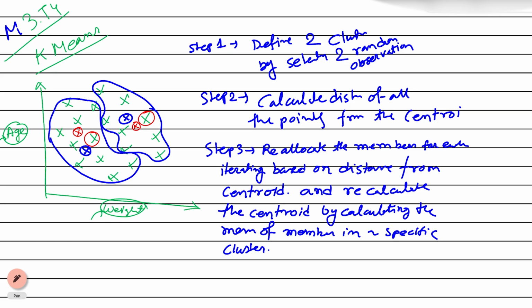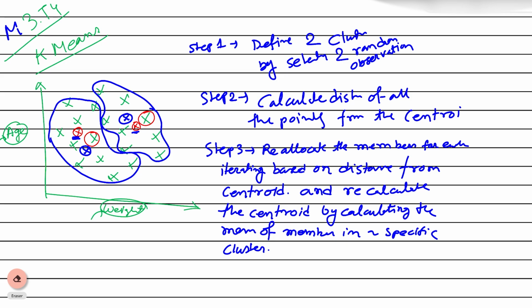Slowly, steadily, with maybe 5 steps or 4 steps, this will stabilize and your cluster centroid will not change its position. Then you will understand that the clustering is now stabilized and you have converged to the final result.